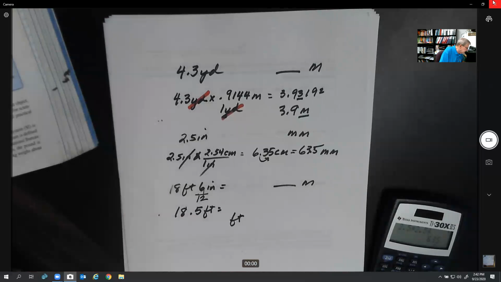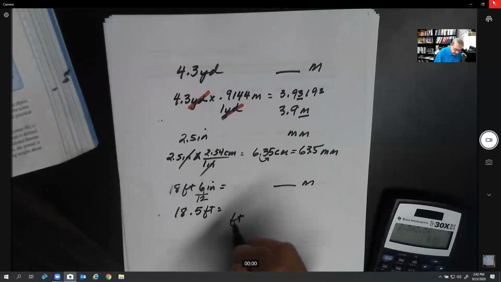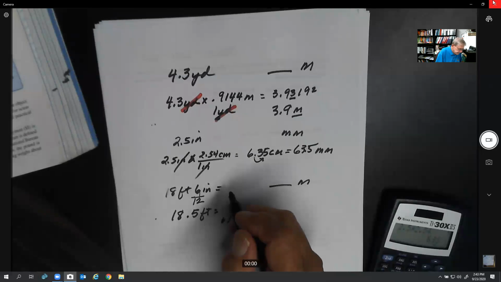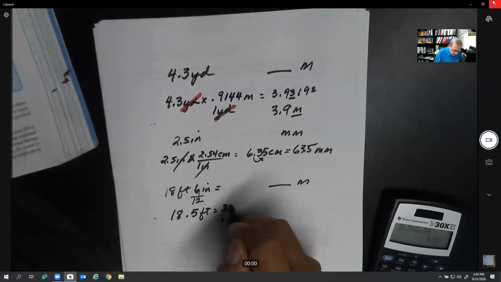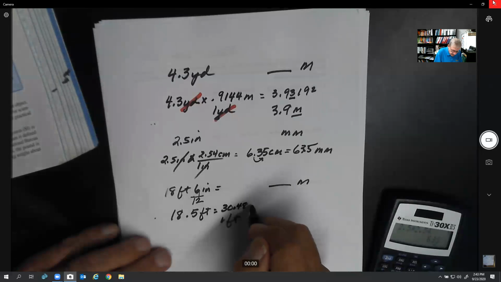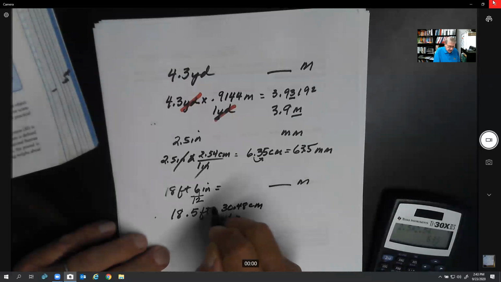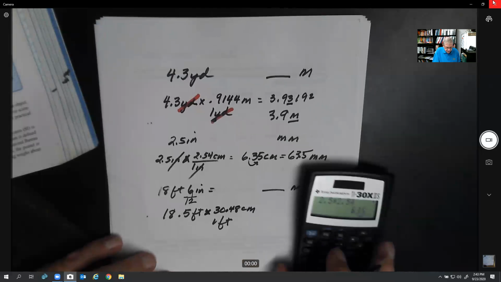Feet. Let's take a look here. 1 foot. Well, I guess that's not going to help me anyhow, because now I'm converting over to centimeters. Okay, well, that's okay. 30.48 centimeters. So I'm going to times that together.